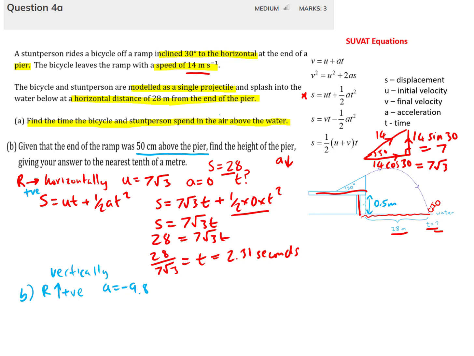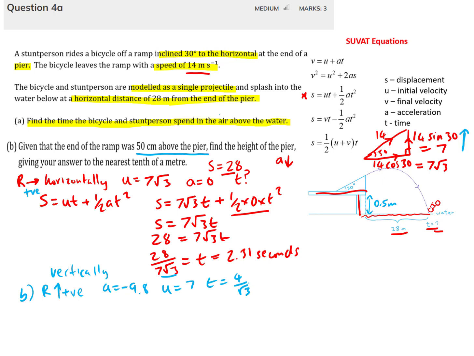Now we know from before, this one here, acting up, U equals 7. And from before, going to use the exact answer from here. T equals 4 over root 3 seconds.